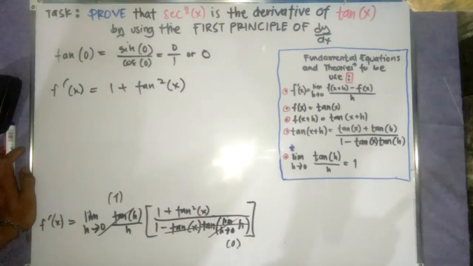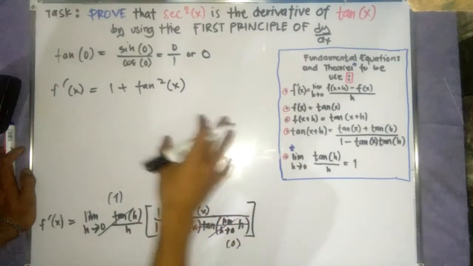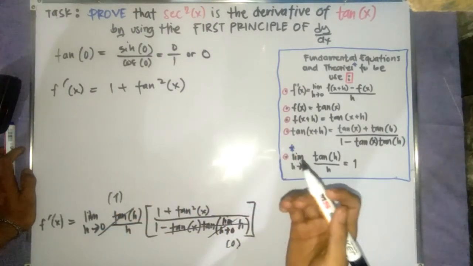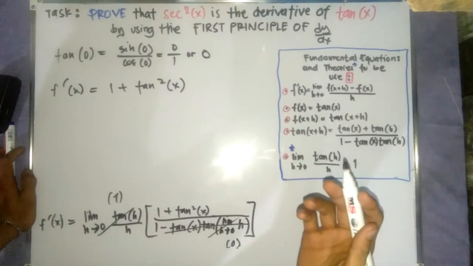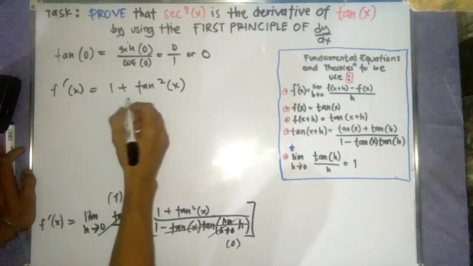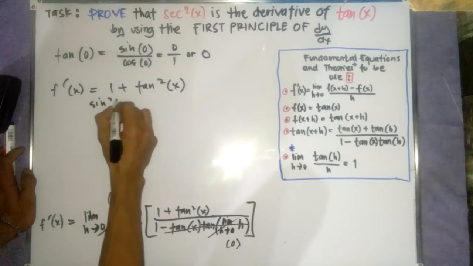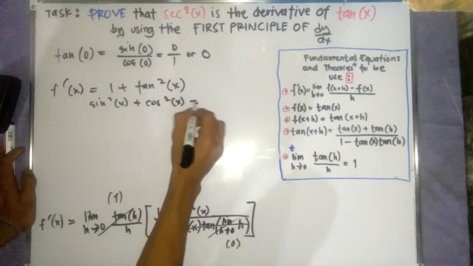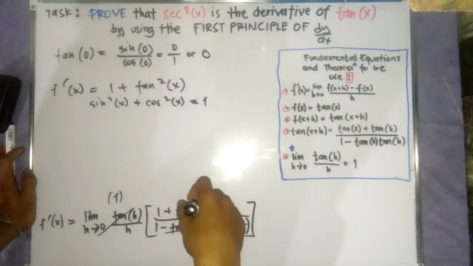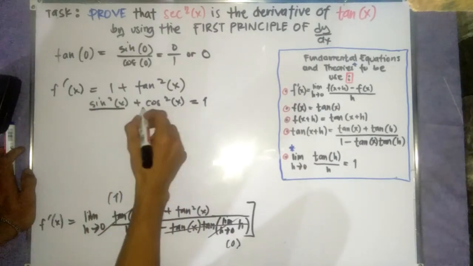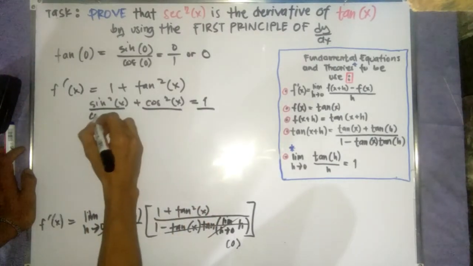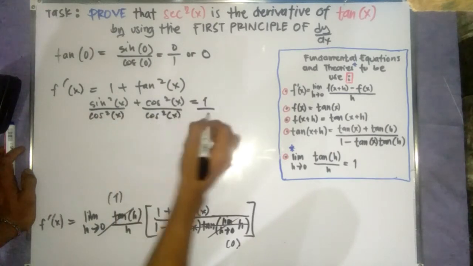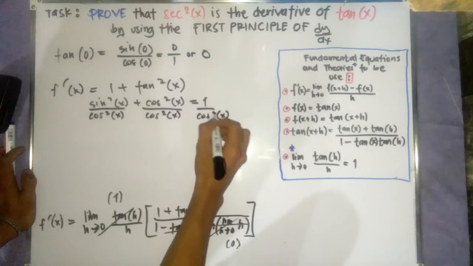Ngayon, ano ba yung identity ng 1 plus tangent squared x? So, by reviewing the Pythagorean identity on the trigonometry, given sa atin na ang sine squared x plus cosine squared x is equal to 1. Ngayon, kapag dinivide natin lahat ng term into cosine squared x, ganito ang kakalabasan niya.